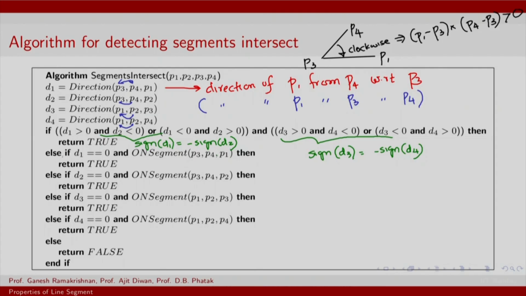If it turns out that any of the four D1 to D4 are 0, which means some 3 points are collinear, then one checks if the collinearity is on the line segment itself. So if D1 is 0, that is if the direction of P1 from P4 with respect to P3 is 0, then you check if P1 lies on the line segment P3 P4.